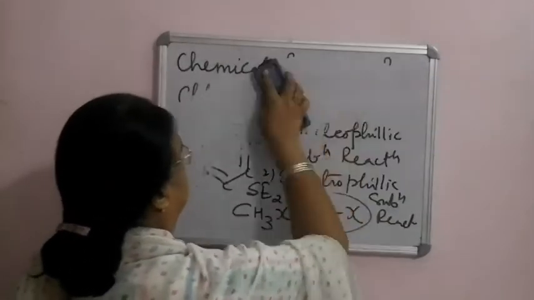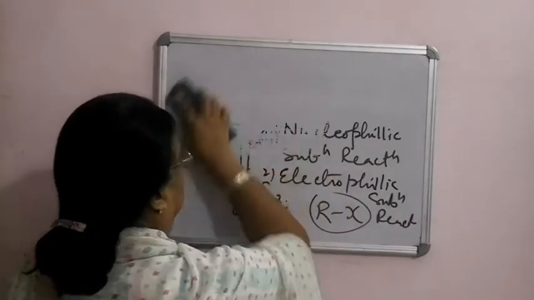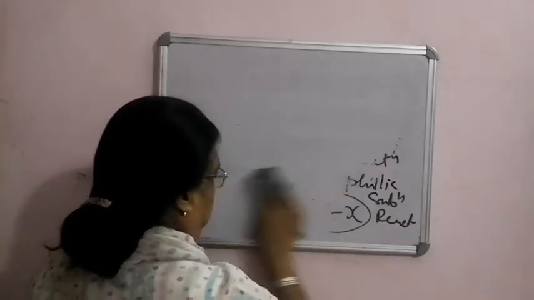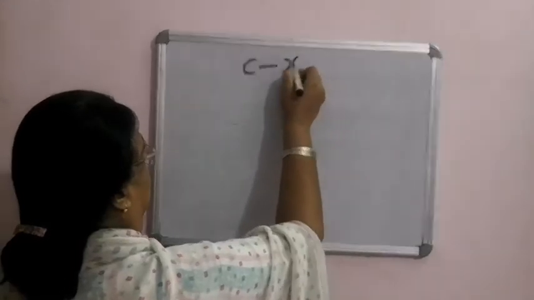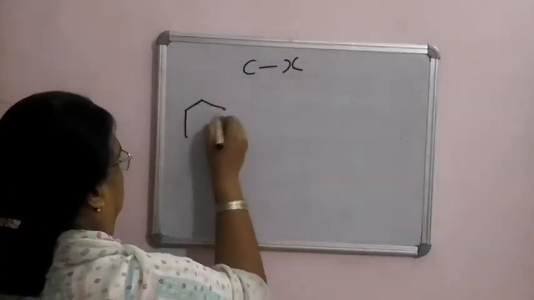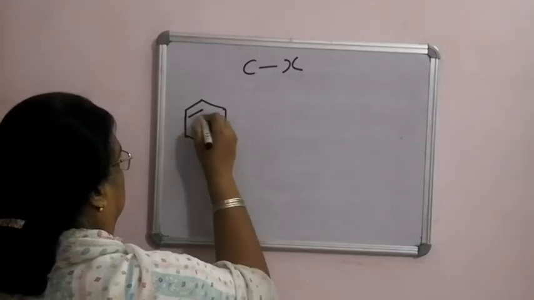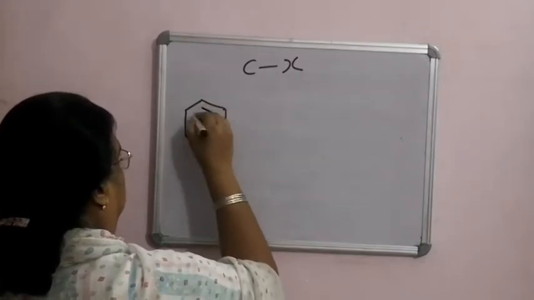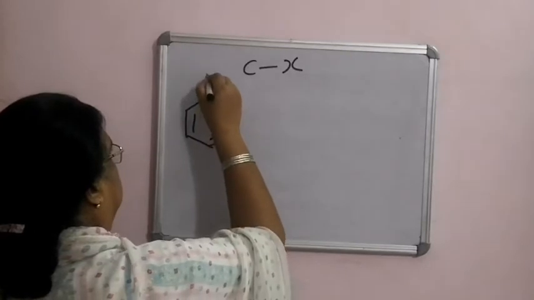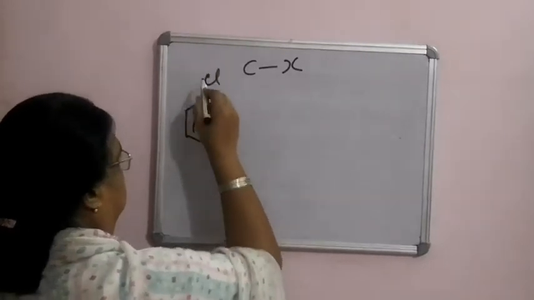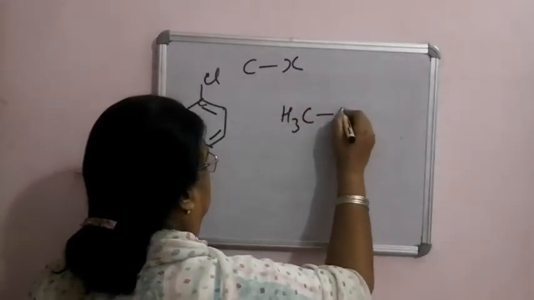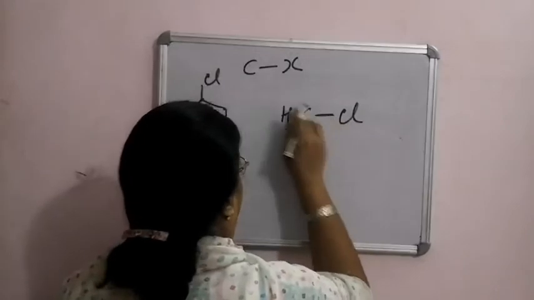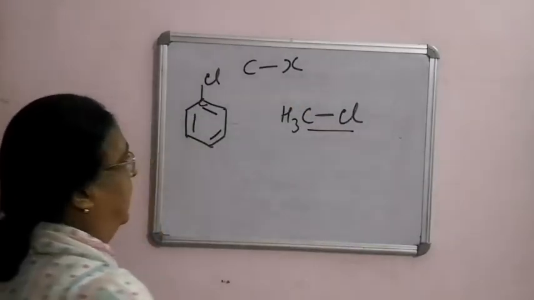So first we will discuss the reactivity of chlorobenzene. This carbon halogen bond we have in chlorobenzene, and if we take methyl chloride, we have carbon halogen bond in alkyl halide.